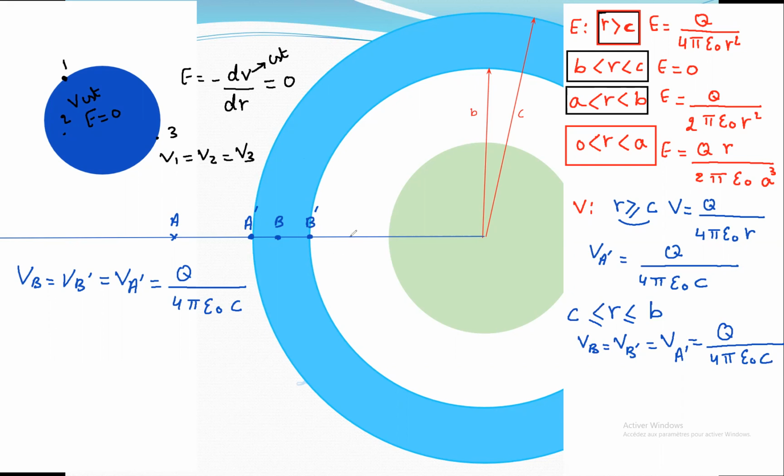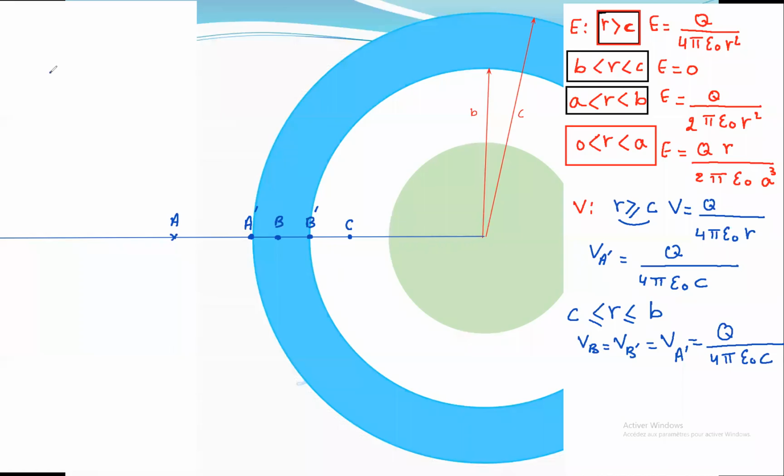Now let's go to the region between A and B. Between the point A and the point B, let's take point C. At the point C, dV equals minus E dot dr. I take the displacement of the two points.